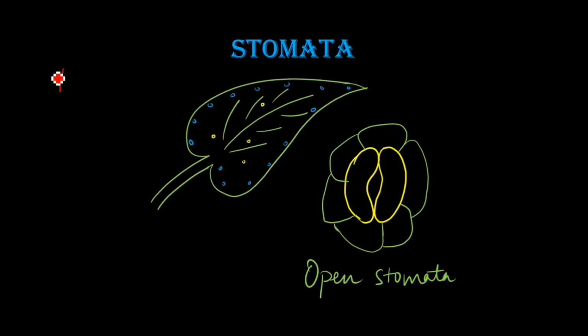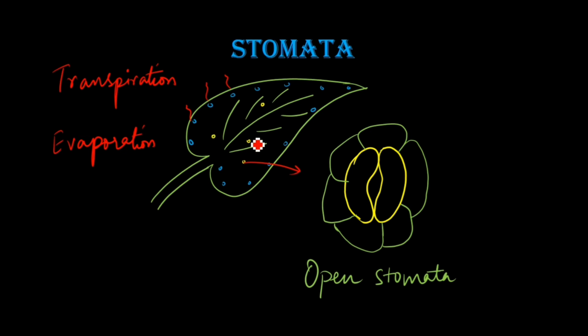Now this is done by the transpiration process, and the water droplets which are present here will evaporate, right, because of the process of evaporation. Now how these water droplets are coming here is shown by these dot-like structures, yellow dots, that is the stomata.